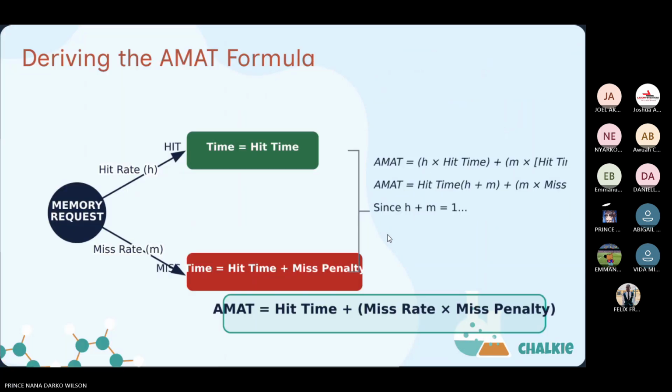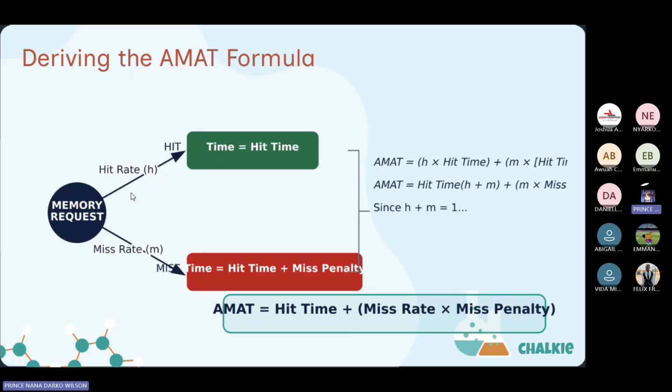Okay, so let's derive the average memory access time formula. For memory requests, there are two ways it can pass: through a hit rate, where it is actually in the cache, and a miss rate, where it is not in the cache but has to be retrieved from memory. The time that has to do with misses is the hit time plus the miss penalty. So the major formula for the average memory access time is the hit time plus the miss rate times the miss penalty.